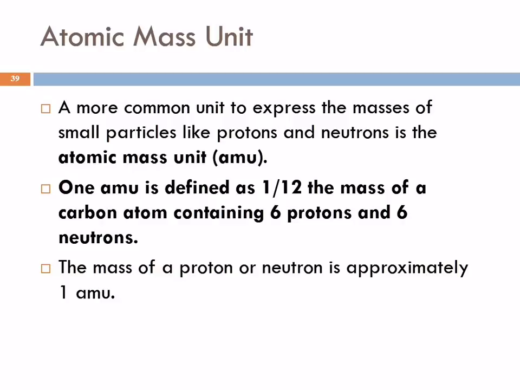And so we're going to say that that atom weighs 12 atomic mass units. So then 1 atomic mass unit is 1/12 of that. They chose the carbon atom because it's very stable and it's easy to work with and it's accessible to everyone. So the result of that is the mass of a proton or a neutron is approximately 1 atomic mass unit.